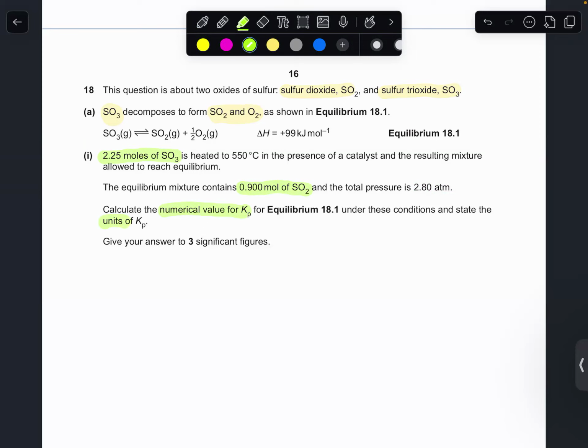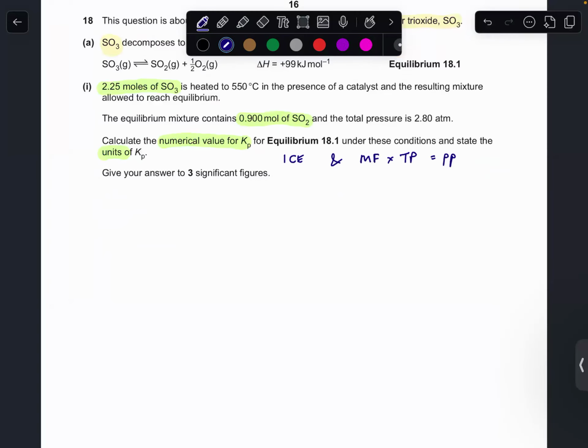What we're going to be doing here is we need to use the ICE table, and we need to calculate the mole fraction and use the total pressure to work out the partial pressures. So let's have a go.